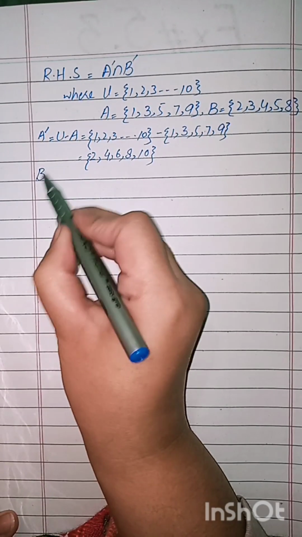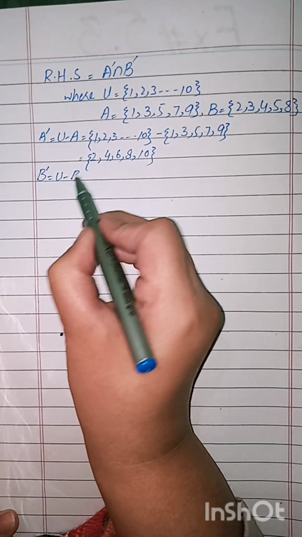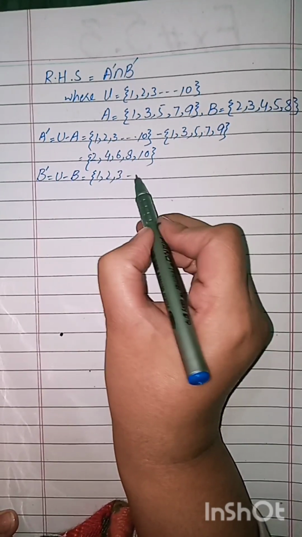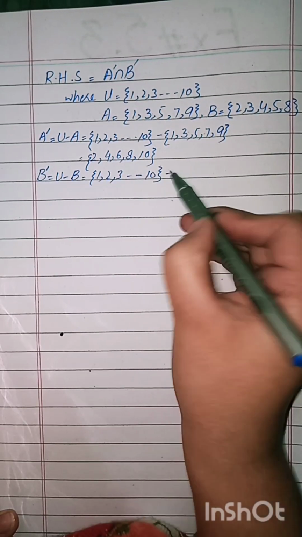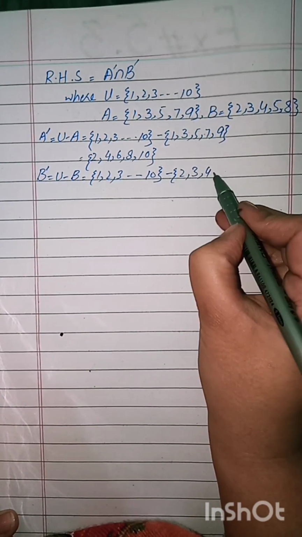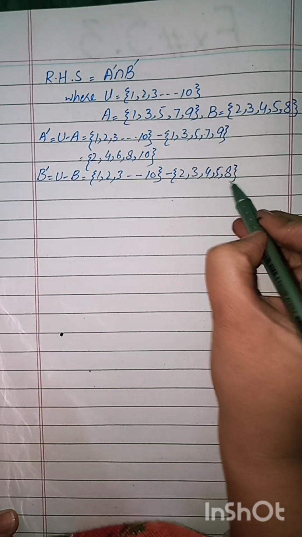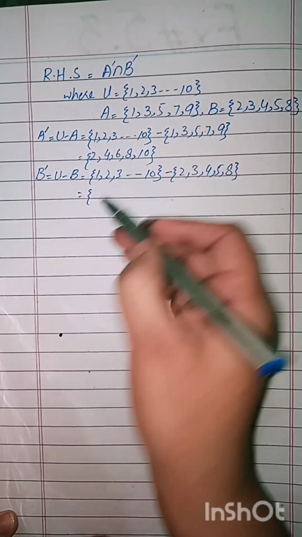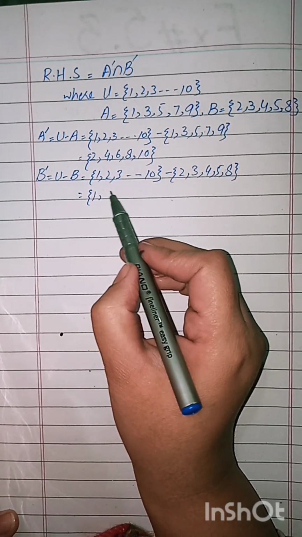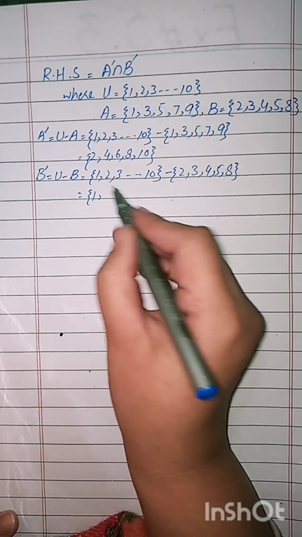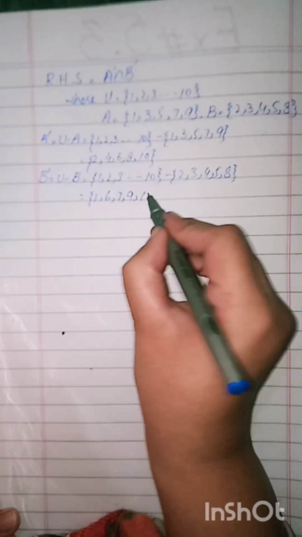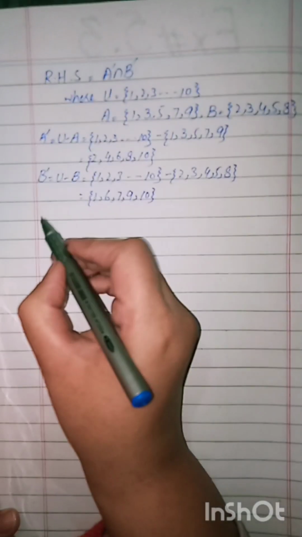Now we have to find B complement, U minus B, which is equal to 1, 2, 3 up to 10 minus the B set 2, 3, 4, 5, 8, which equals 1, 6, 7, 9 and 10.